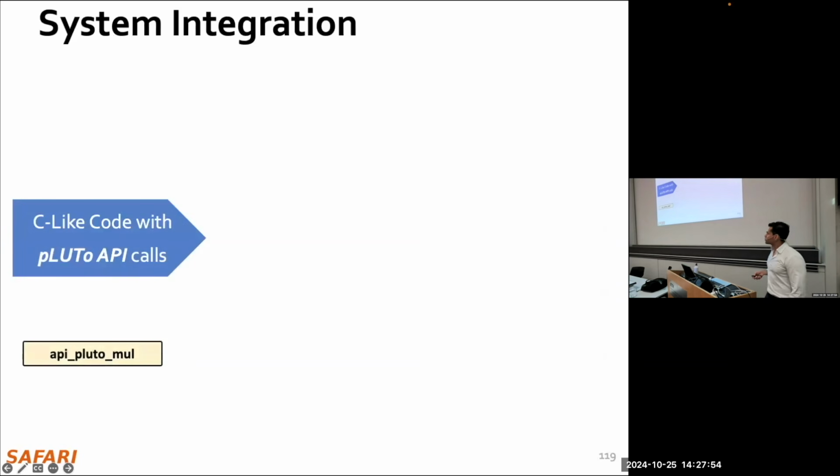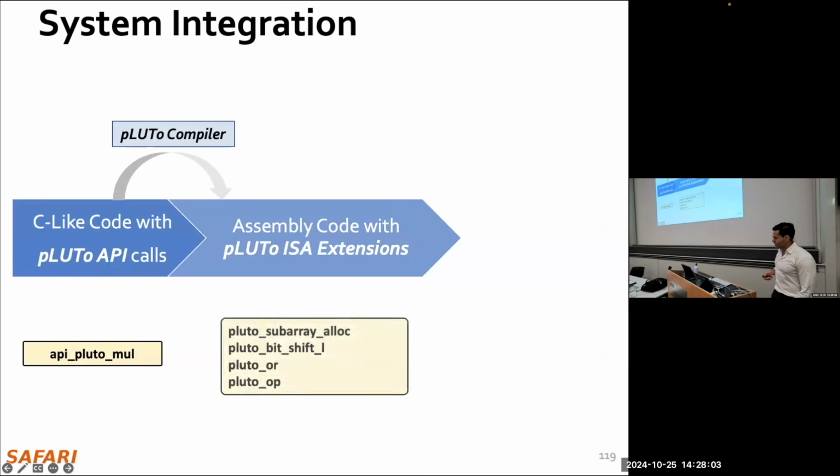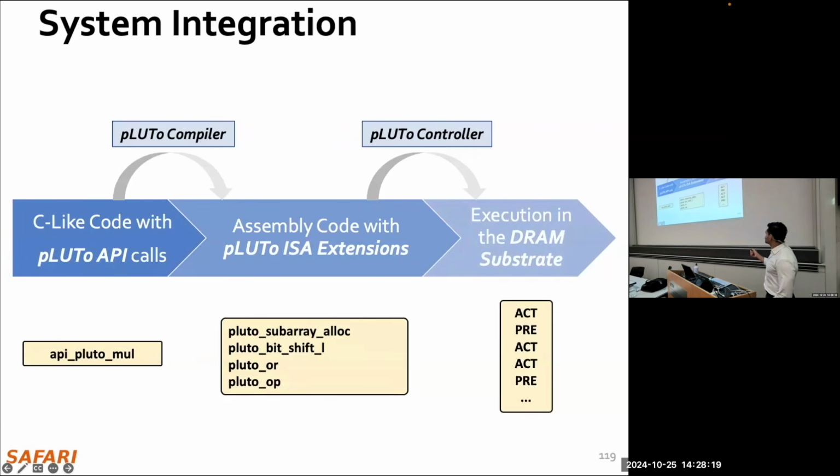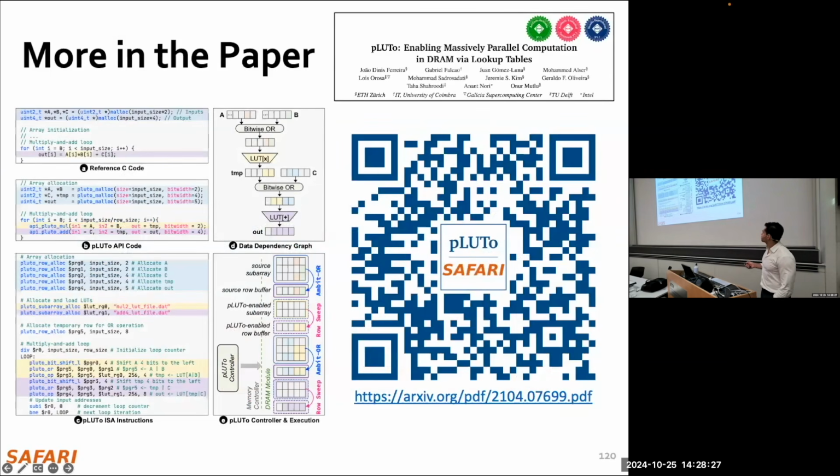In the paper, we also discuss some system integration, which allows us to have some C-like code using the Pluto APIs, which are converted to some series of in-DRAM operations, some OR operations and bit shifting, which are required to realize those row copies or matching operations, and finally some execution energy, which triggers the appropriate in-DRAM row activations and precharge to realize that computation. For more details on those, I invite you to check out the paper and this beautiful figure that I drew.